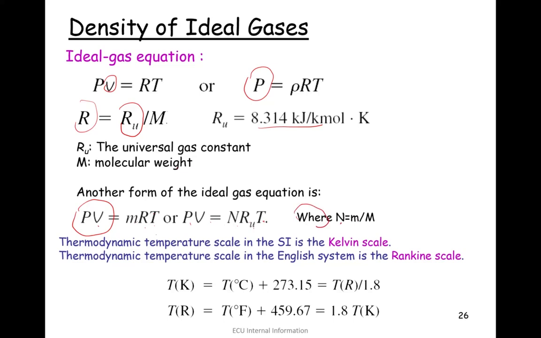In that case, n is mass divided by molecular weight. And remember, the temperature is in degrees Celsius plus 273.15, and in English units it is Fahrenheit plus 459.67. We normally don't use this unit, but if we're talking about gases, obviously temperature needs to be used in the Kelvin scale, which is how we're using it.